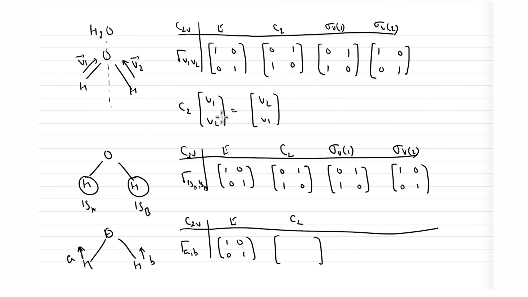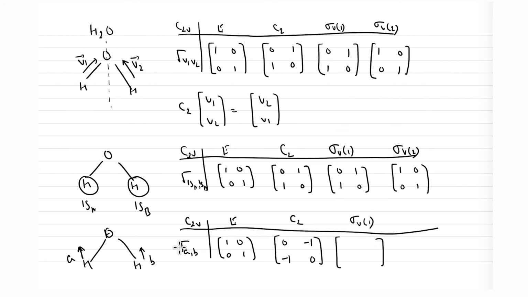So in such a case, to represent this, I have to write it as negative, right? So 0 minus 1 minus 1 0. So now you can see that the representation from here to here is different. Here the vectors were in plane and parallel to the bonds. Here the vectors are perpendicular to the plane. So it changes.